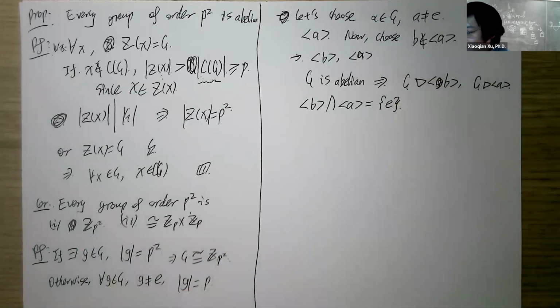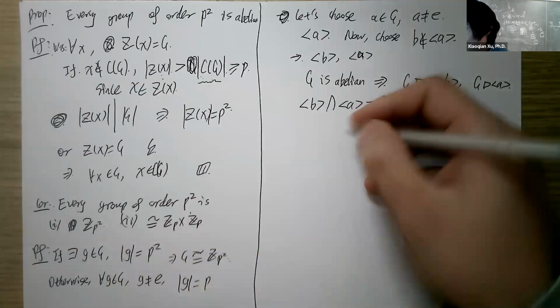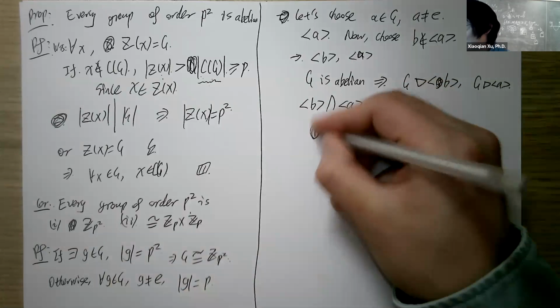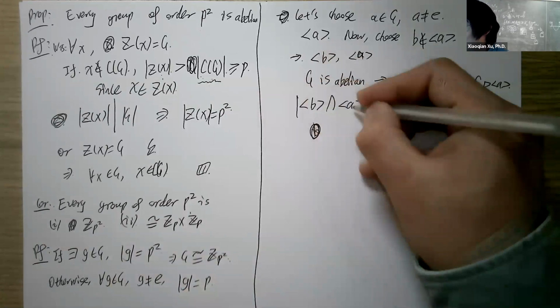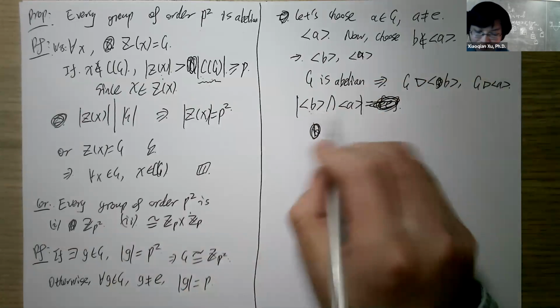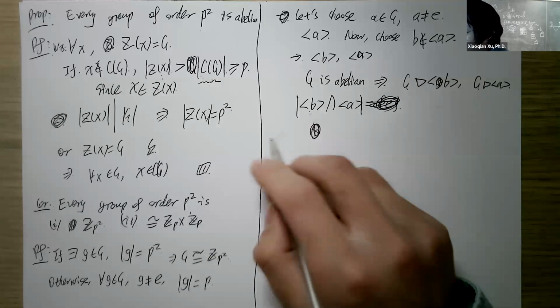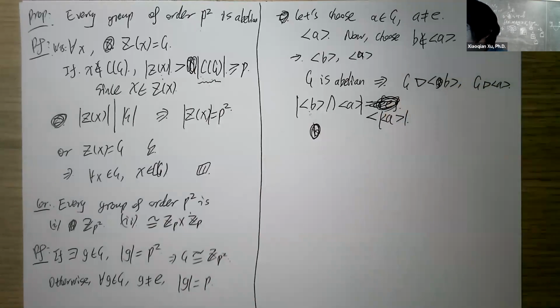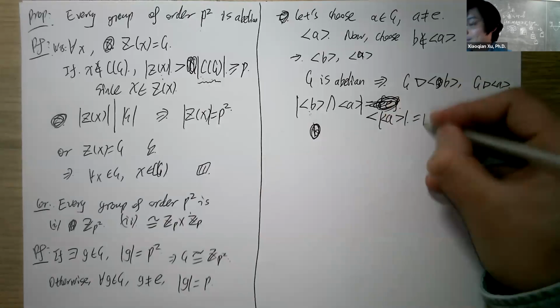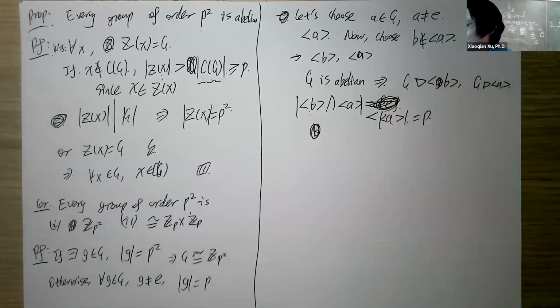I'm sorry, this is not so clear. Maybe I should write it more clearly. The order of the intersection is strictly less than the order of the cyclic group generated by a, which equals P, because b is not in this set.